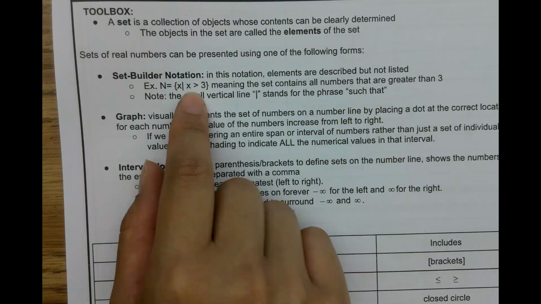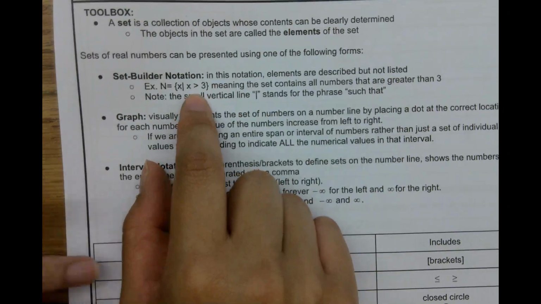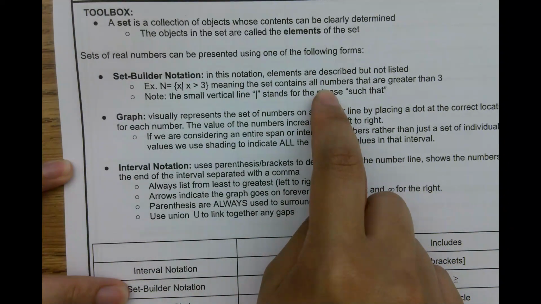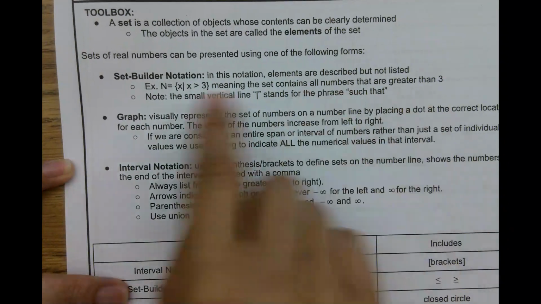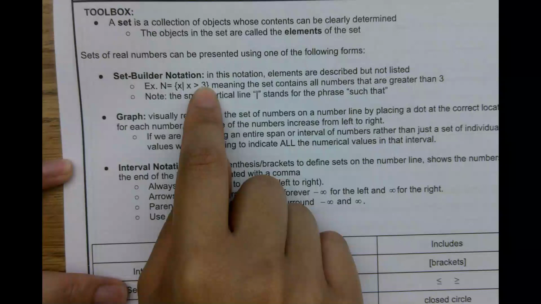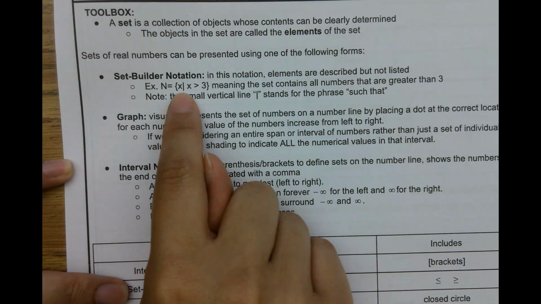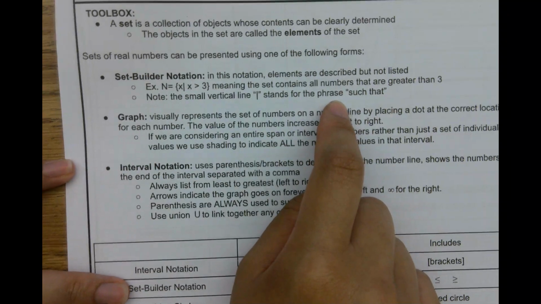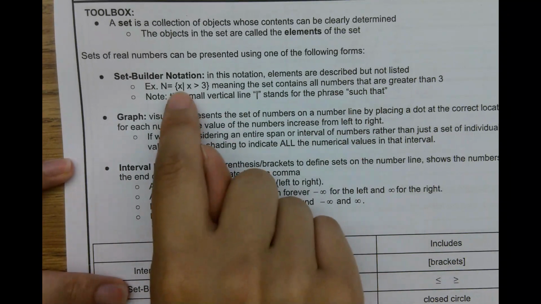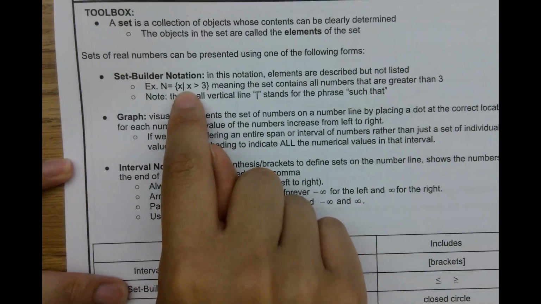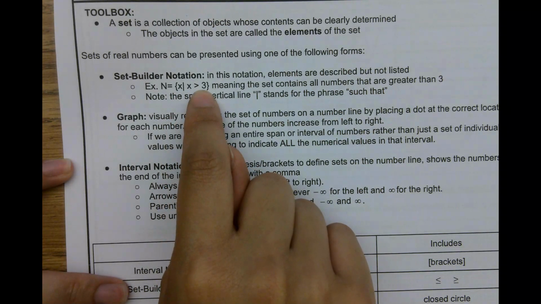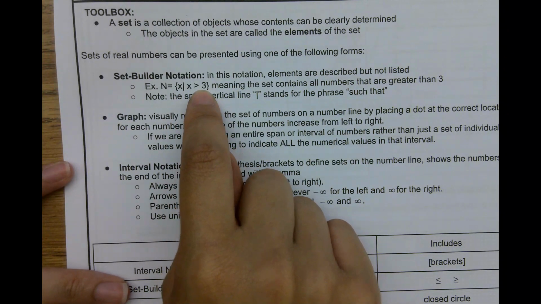Okay. And what this means is the set contains all numbers that are greater than 3, right? So x greater than 3, okay? Note that the small vertical line, this vertical line here, it stands for the phrase such that, right? So all real numbers such that they are greater than 3, something like that, okay?